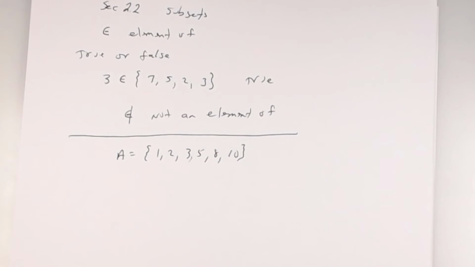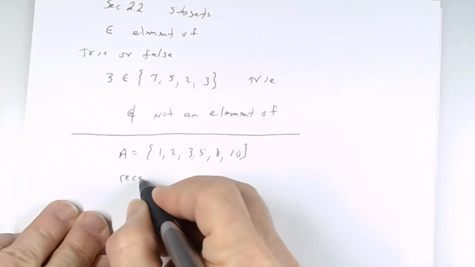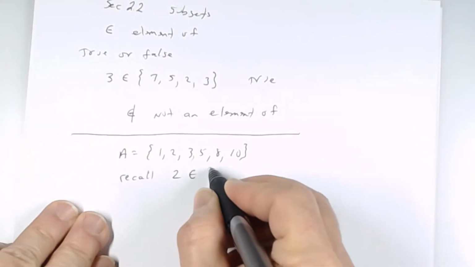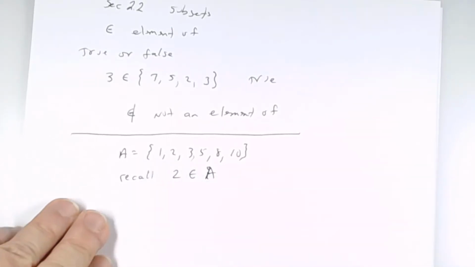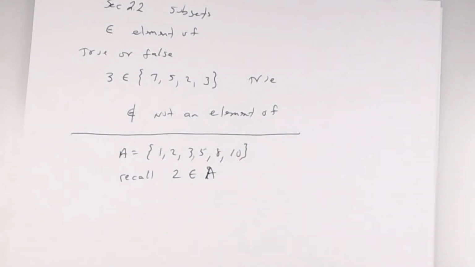And here's the question. Now we know from last class period that 2 is an element of this, right? You all agree? So 2 is an element of A. Do you agree with that?